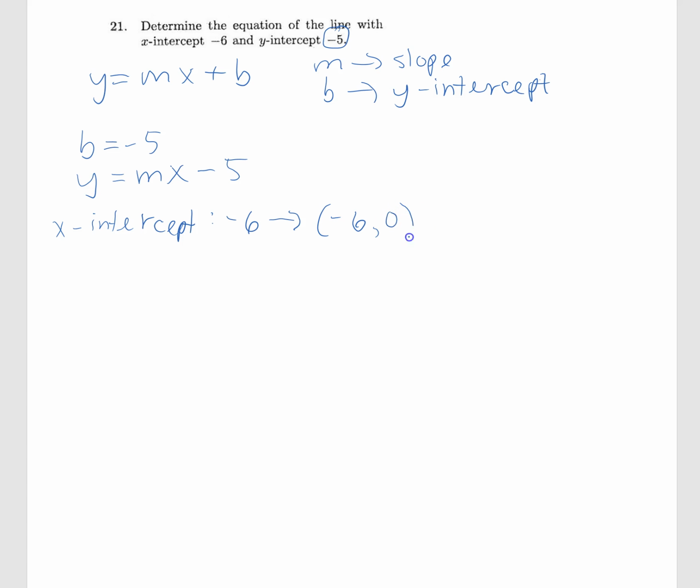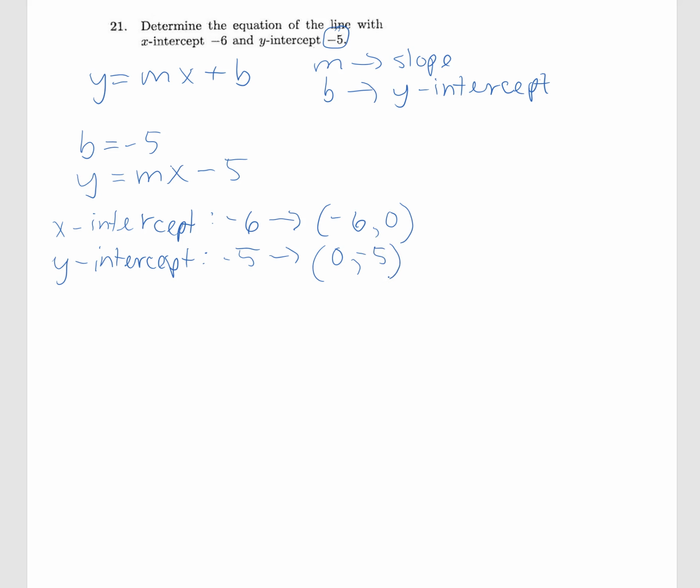So we have a point at -6, 0. And with our y-intercept, this is at -5. This is telling us that there's a point at x equals 0 and y equals -5.